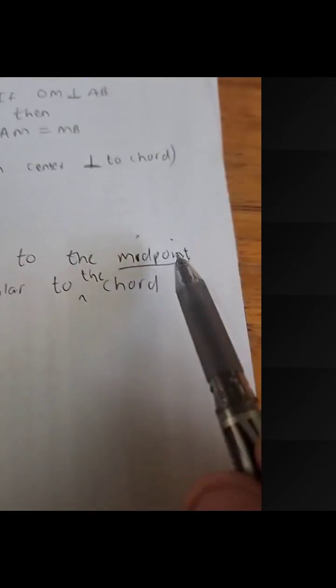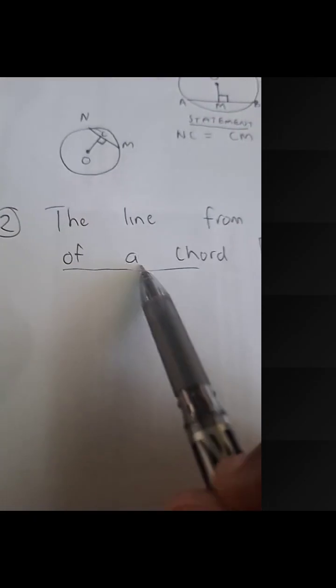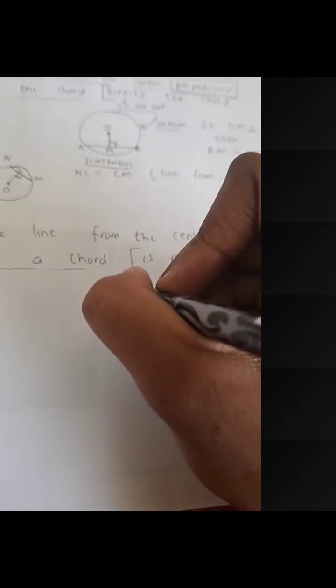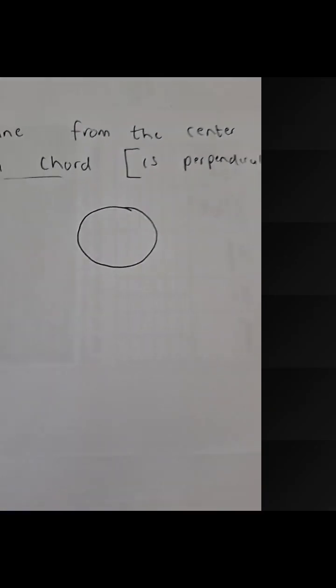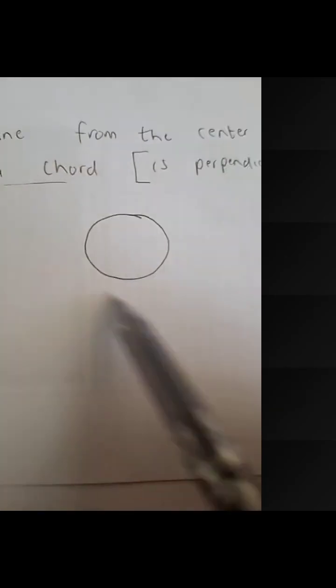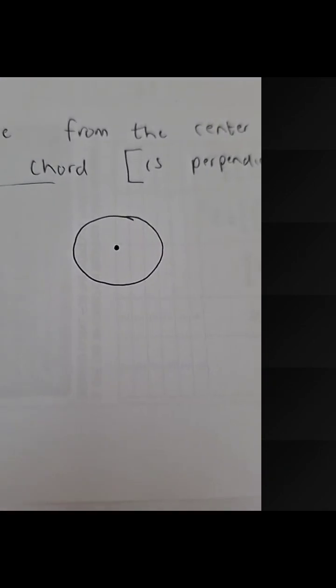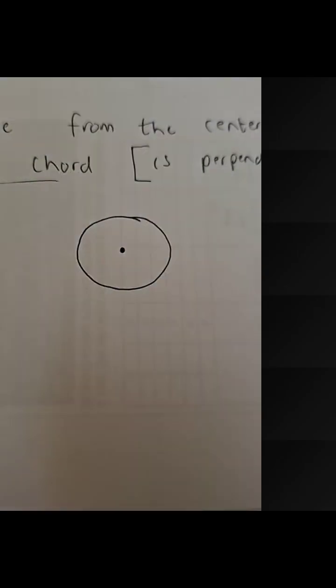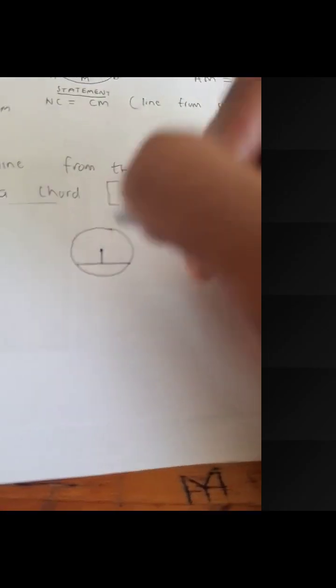Okay, let's look at the statement again. The line from the center to the midpoint of a chord. So let's look at the diagram as per what the statement says. So we have a circle here. The obvious center is there. Then what are they saying now? They are saying a line from the center to the midpoint.